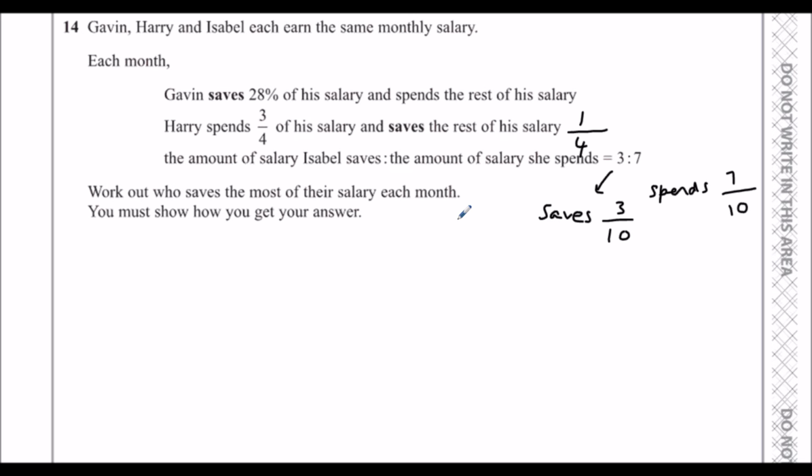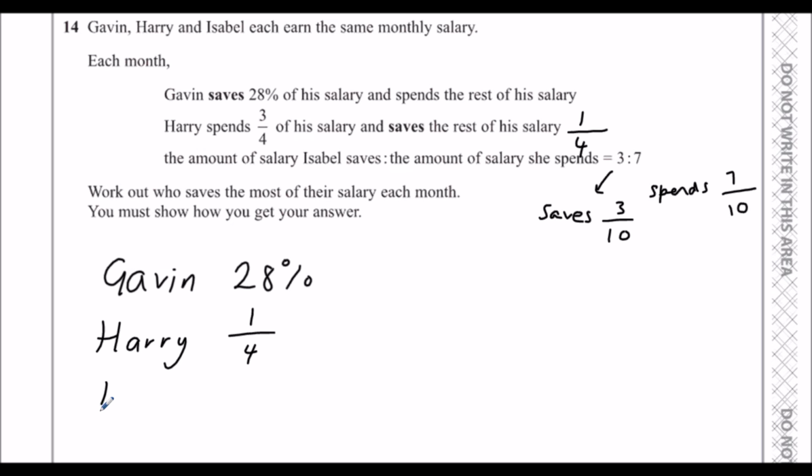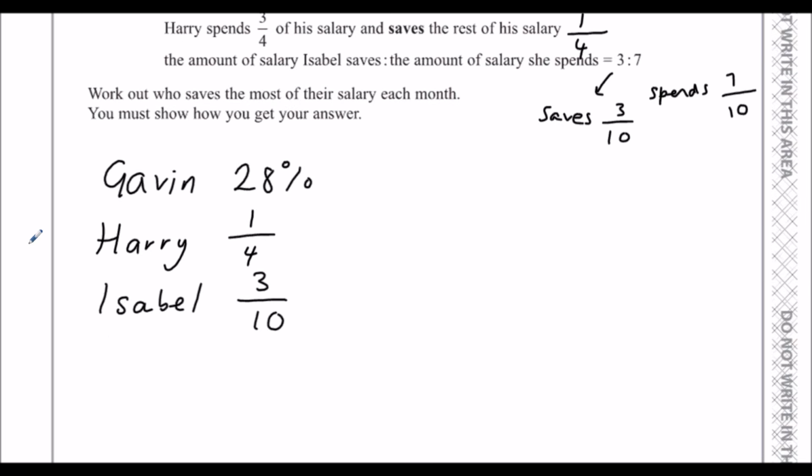Who saves the most money? So we've got 28%. So Gavin is 28%. Harry is 1/4. And Isabel is 3/10. So I'm going to change these all into, we've got to make them all the same. Let's make them percentages.